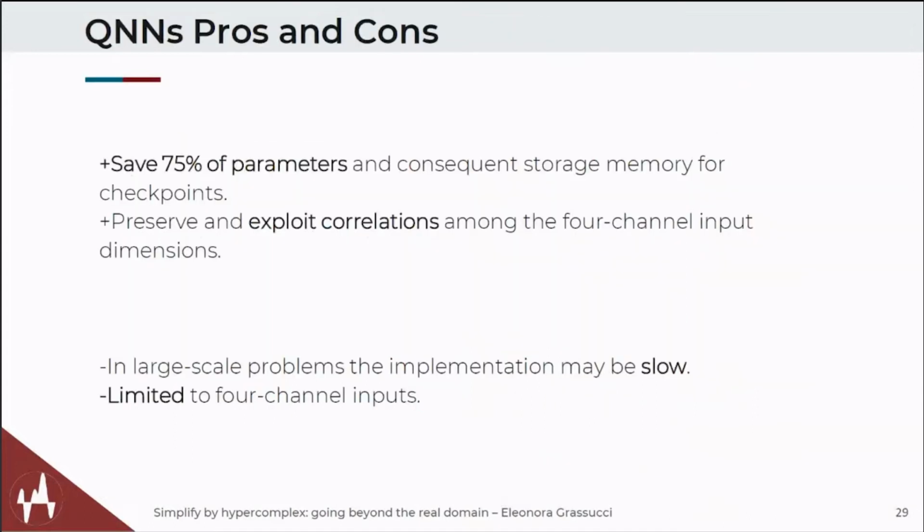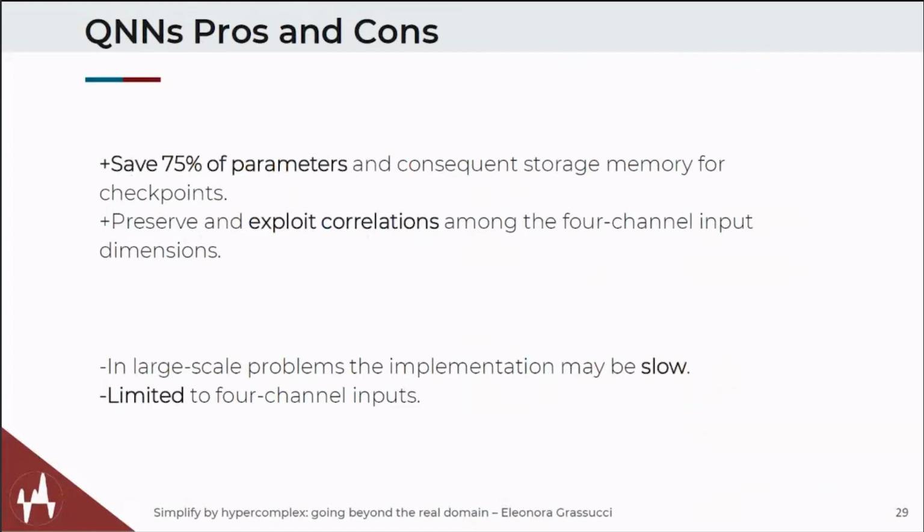So first, a recap. We've seen that quaternion neural networks save 75% of parameters with respect to real-valued counterparts, and can achieve better or at least comparable results, leveraging the quaternion algebra properties that allow for exploiting correlations among multidimensional inputs.